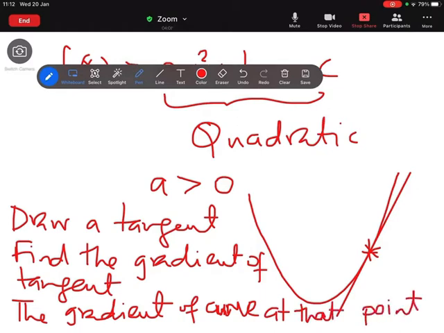Now, remember, rather than go through all these steps, whereby you have to draw a graph, draw a tangent, find the gradient of the tangent, and thereafter find the gradient of the curve at that particular point, it is easier to use differentiation.